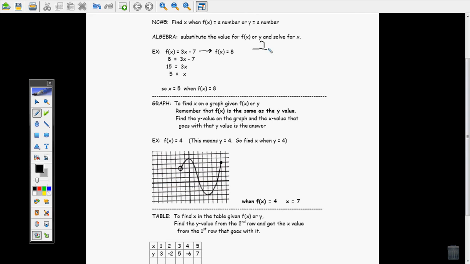If you have f of x equals 3x minus 7, but we want to know what x is, and it tells us that f of x right here, f of x is 8. Simply substitute an 8 in for that f of x, rewrite the right side of the equation, solve for x.